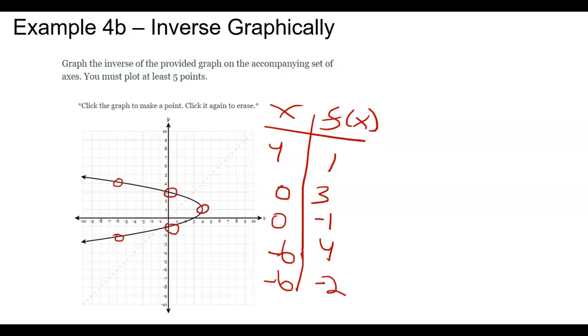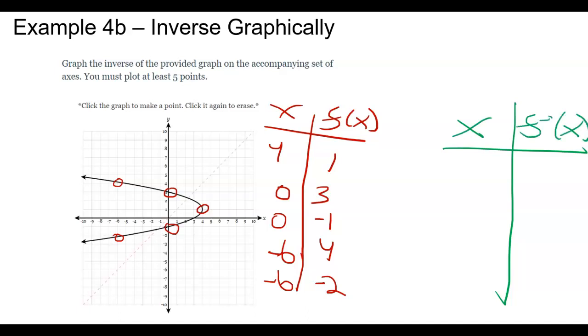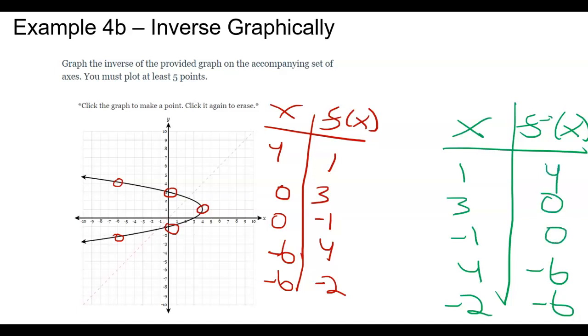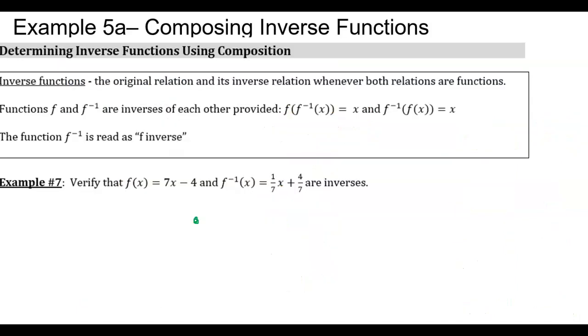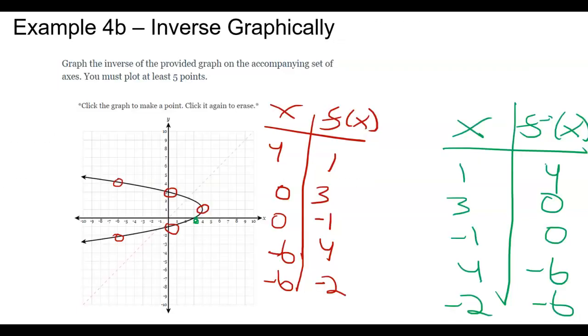And then I'm going to switch those to make my inverse. So I have 1, 4, 3, 0. Oh, 3, 0, negative.